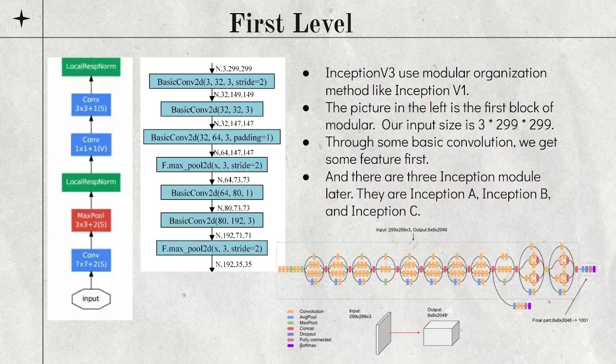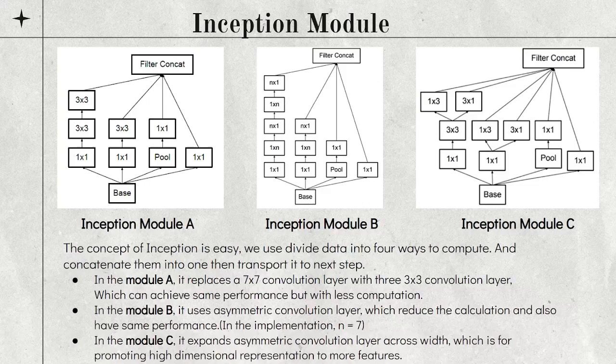Because of this module, the model is designed to capture more information at different levels of spatial granularity by using filters of various sizes. And this allows the network to learn both local and global features, improving its ability to recognize complex patterns in images.